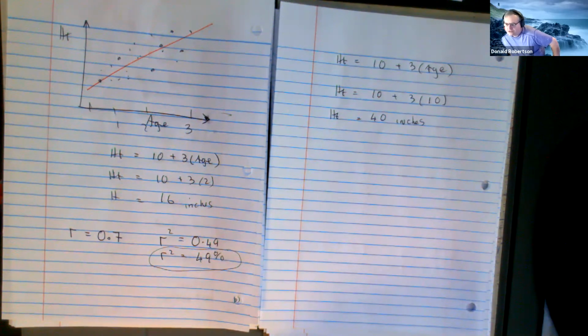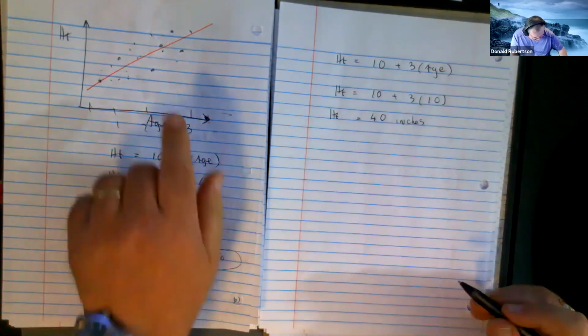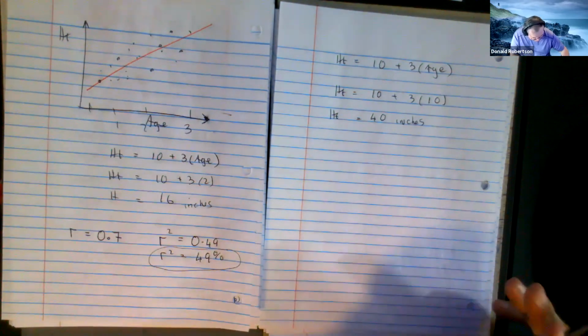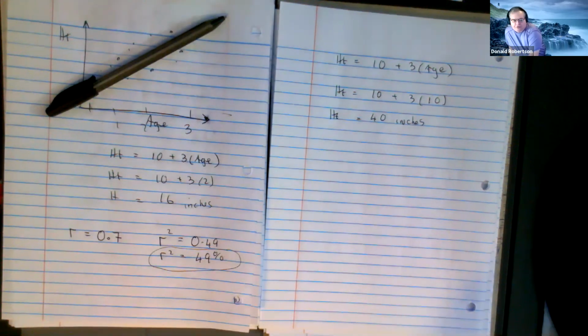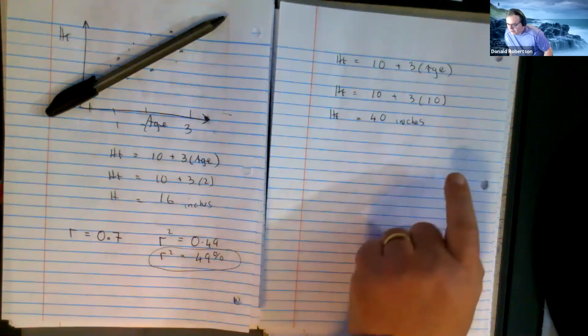That answer is silly. It doesn't make sense. And the reason it doesn't make sense is that I'm using it to predict the age of a mongoose, but my data was based on baby mongooses up to adulthood of 3 years. Would you agree that most creatures, once they reach adulthood, that's as big as they get tall-wise, right? And so using this number, which is beyond the range of the data, is very dangerous.